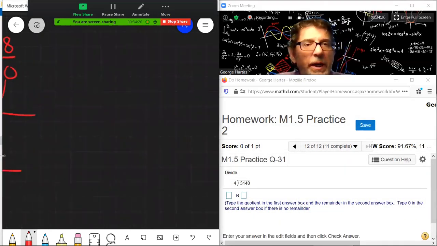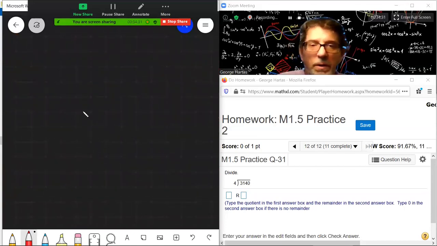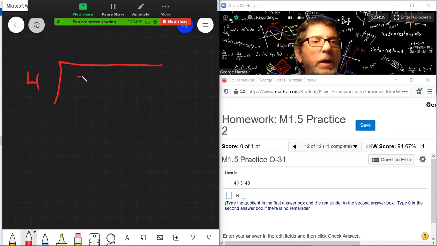All right, so last problem. Four divided into 3140. 4 does not divide into 3. 4 divides into 31 7 times, because 7 times 4 is 28.